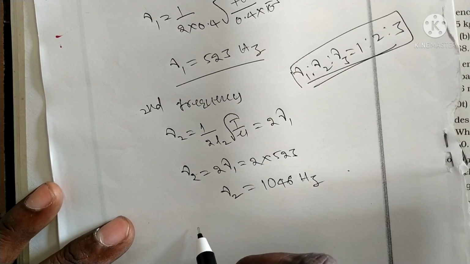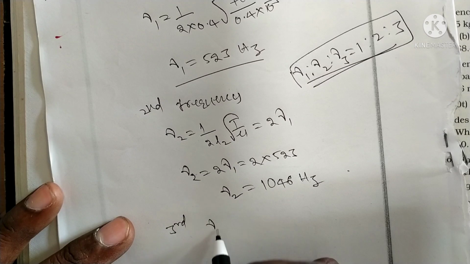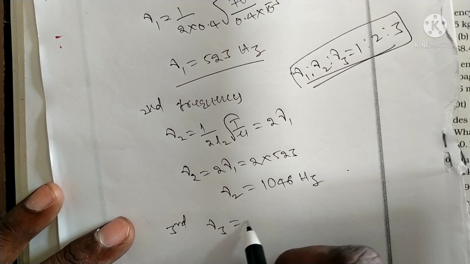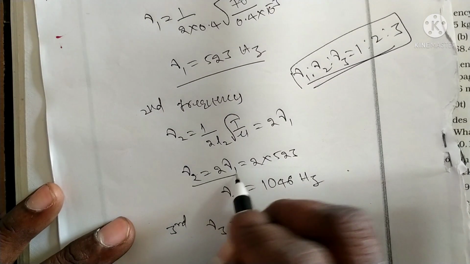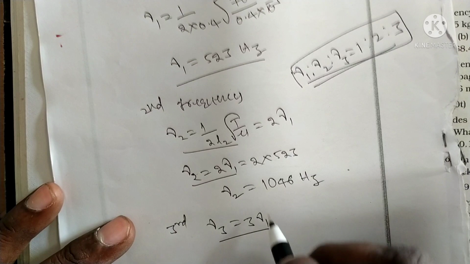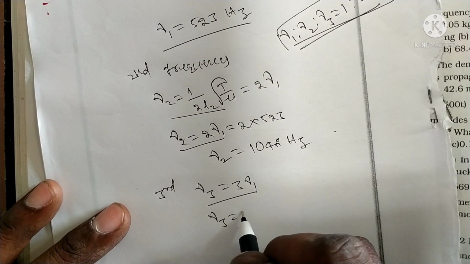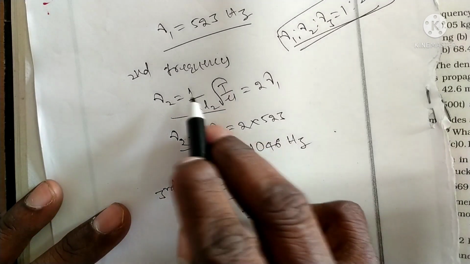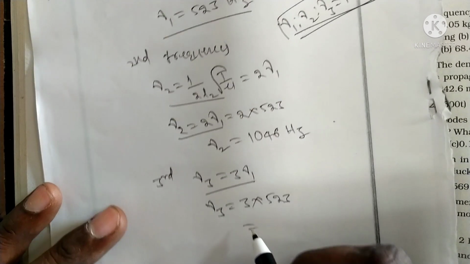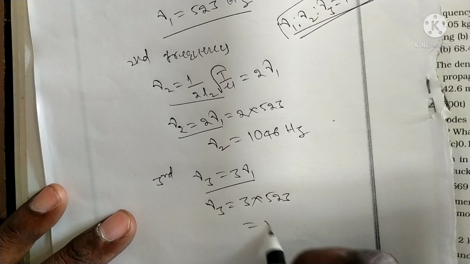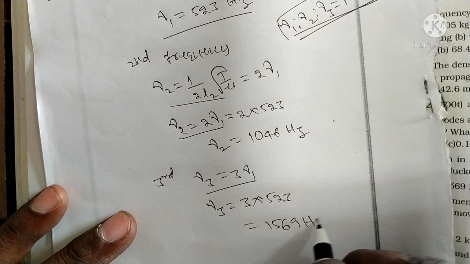Okay, next, the third mode is nu3 equal to 3 nu1. It is a relation. The third mode is nu3 equal to 3 into the first frequency, 523. We get 1569 Hz.